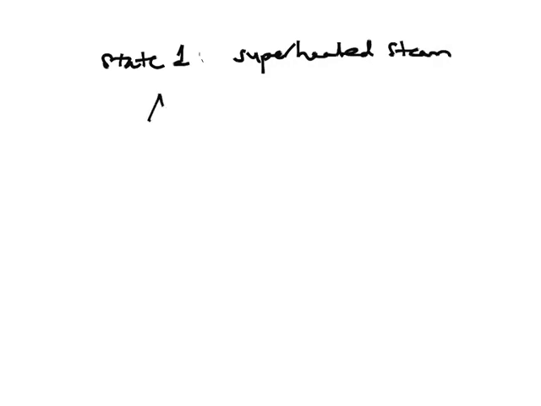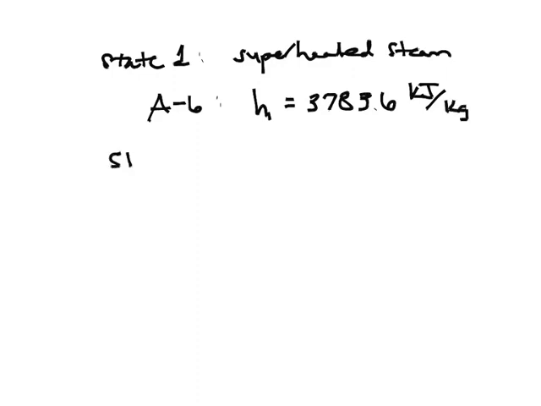And from table A6, we find that h1 is 3,783.6 kilojoules per kilogram.